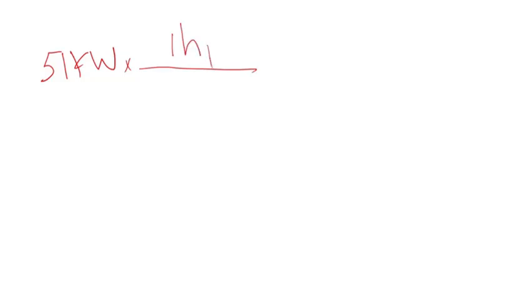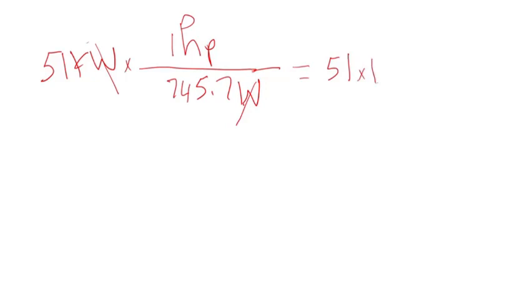So I have 51 kilowatt, and I know 1 horsepower is equal to 745.7 watt. So watt cancels. So I have 51 kilo, which is 1,000 basically.